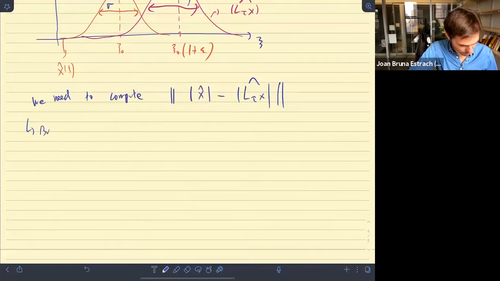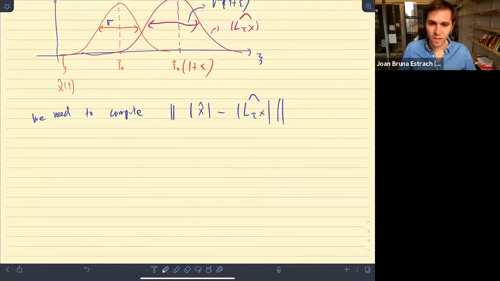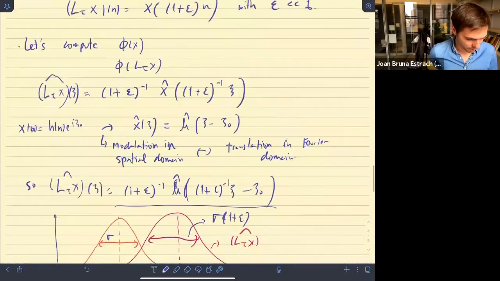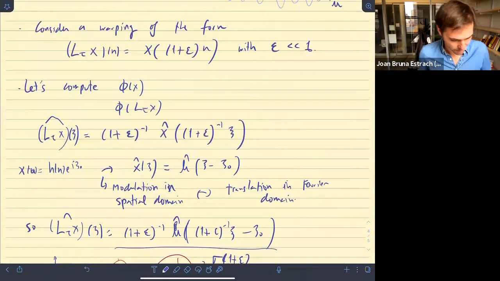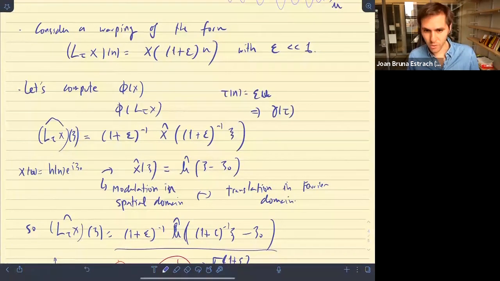We actually would like this to be small. So remember that ideally, if this representation was geometrically stable, if epsilon was very small, so something I didn't say is that if I look at this corresponding model, tau of u is epsilon times u, which means that this gamma of tau that we described is just epsilon.